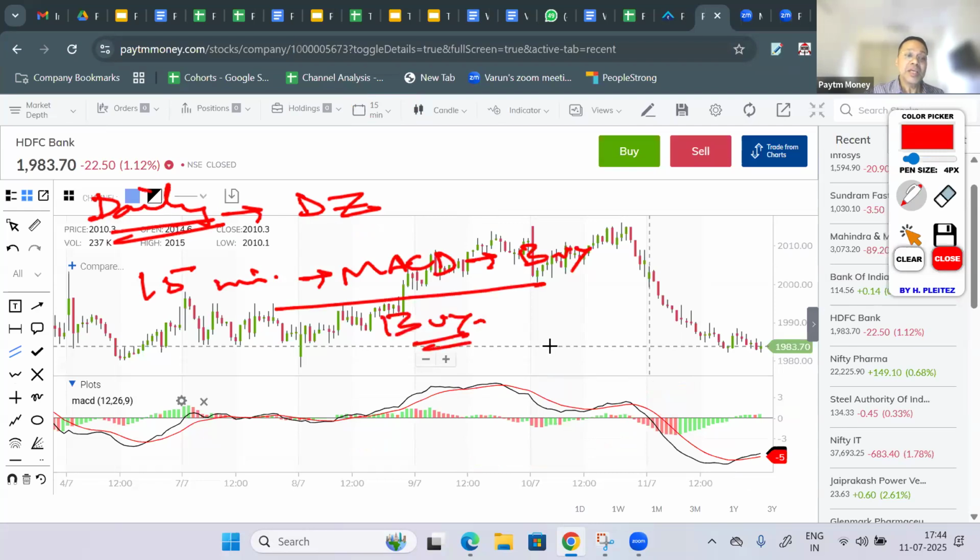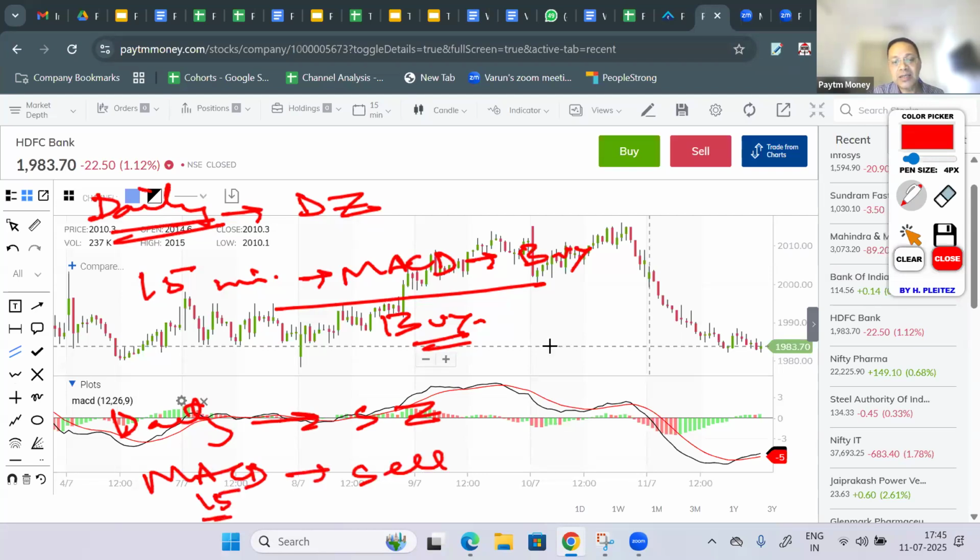Now, if on the daily the price is in the supply zone, the moment the MACD on the 15-minute chart gives you a sell signal, you are going to sell.